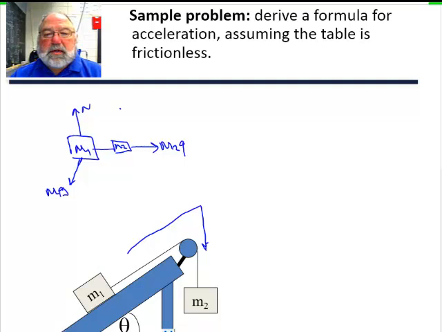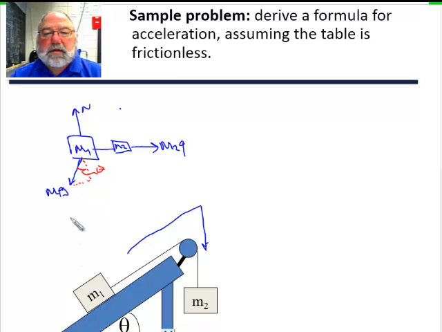Now I'm going to sketch in my components of gravity on the M1 box. The angle here is theta.